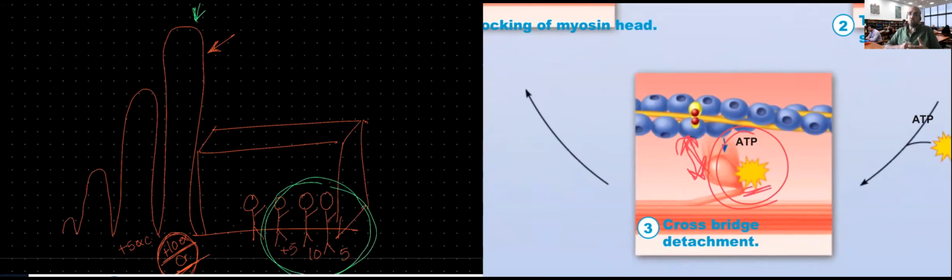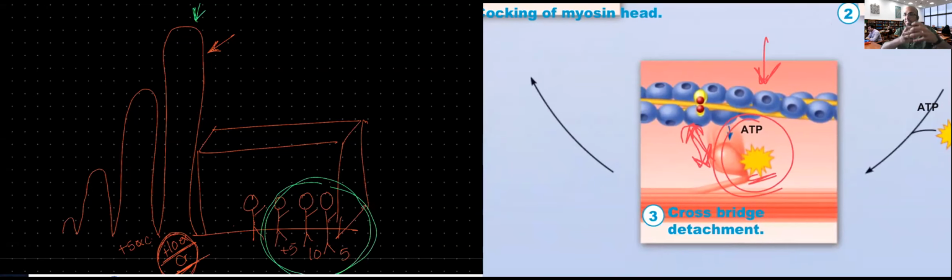So if I already consumed all the energy while I'm contracting, I don't have any further ATP present in my cells, so I will fail to detach the myosin head from the myosin binding site of the actin subunit. So this is what causes the cramp.